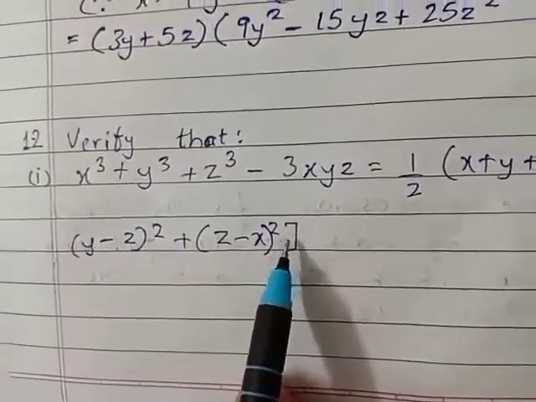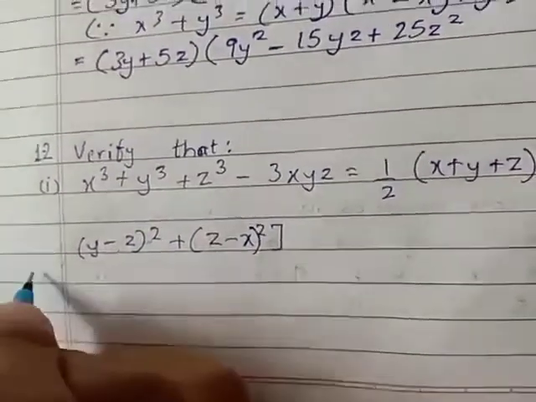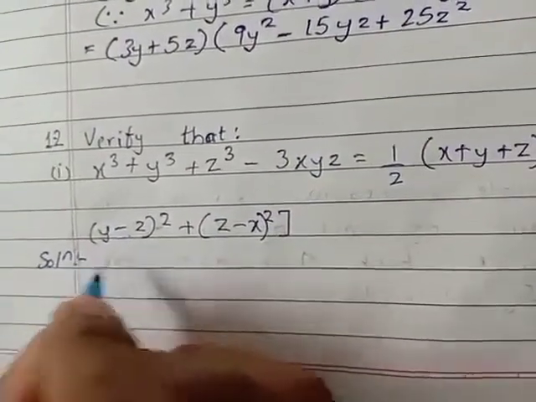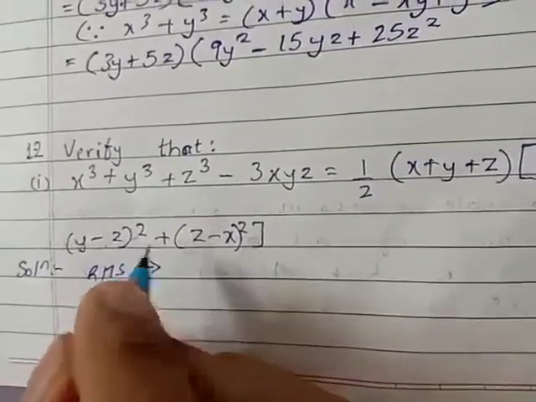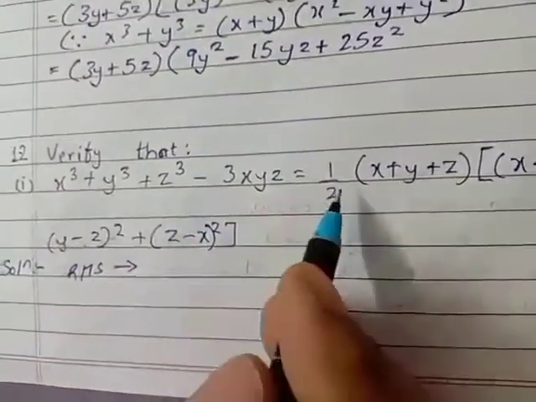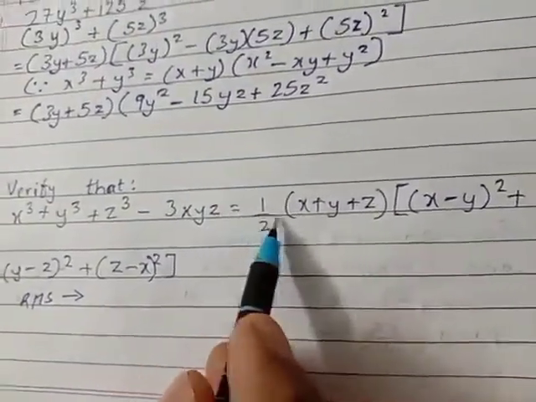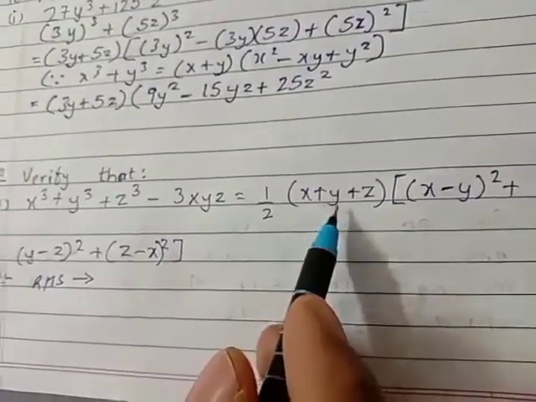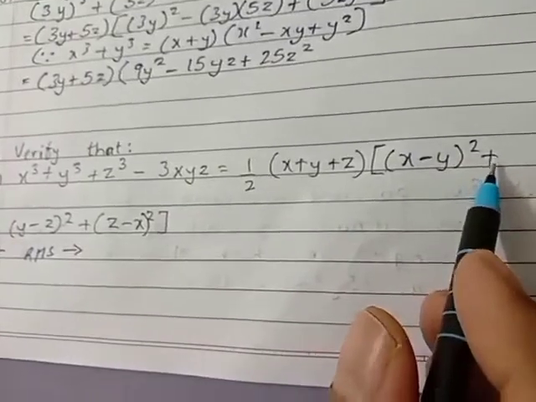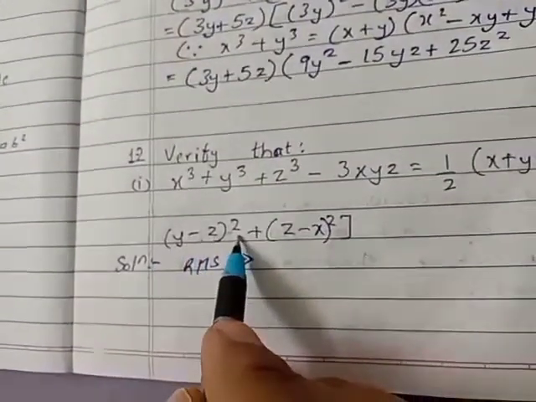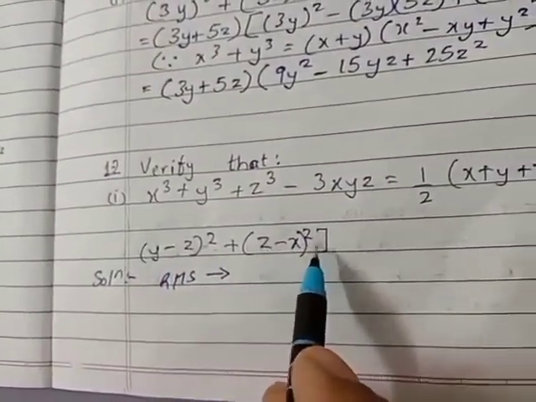So now let's solve this. What is the solution? First we will solve the right hand side. What is the right hand side? Half into x plus y plus z into square bracket (x minus y) the whole square plus (y minus z) the whole square plus (z minus x) the whole square.